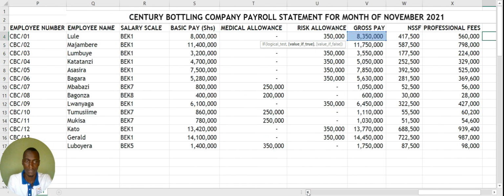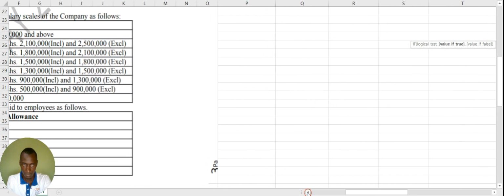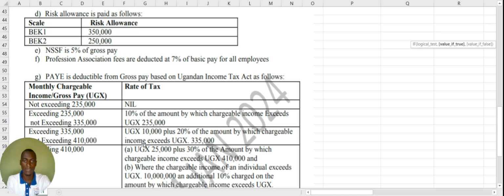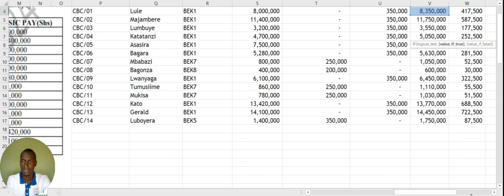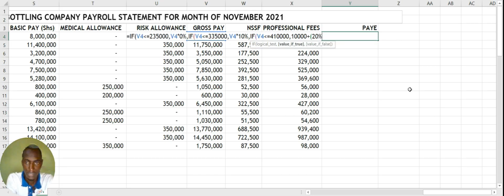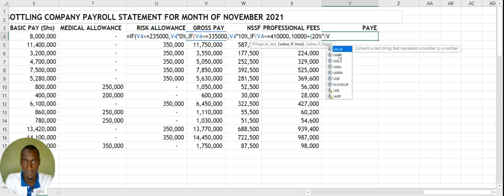The tax is going to be 10,000 plus 20% of the amount by which the chargeable income exceeds 335,000. So it will be 10,000 plus 20% times open brackets, V4, that is gross pay, minus, they have said minus 335,000.